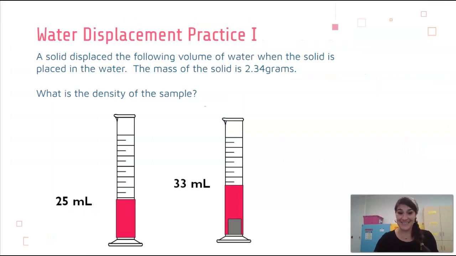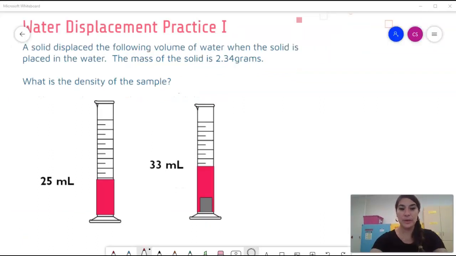All right, so let's take a look at this problem together. All right, so this 25, that was our initial volume. So I sometimes label it volume 1, volume initial, whatever's going to make sense for you, is 25 milliliters. All right, then step 2 was to add our object in, and then step 3 was to record that final volume.